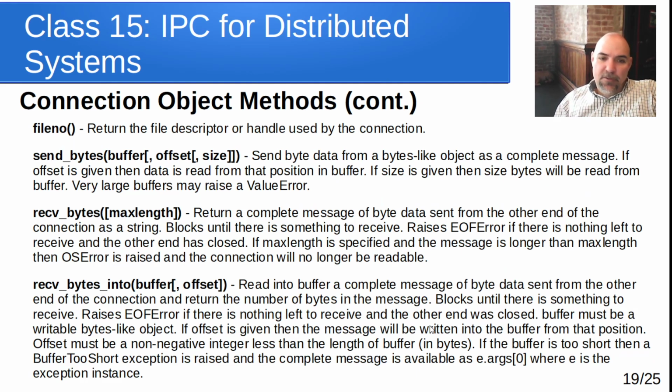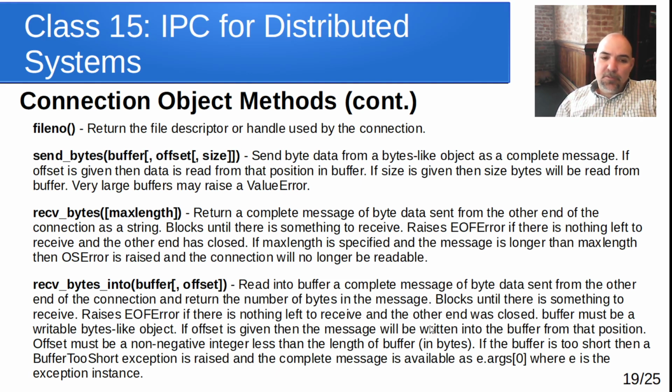All right, a couple final object methods for that. The fileno is the file descriptor or handle used by the connection. Probably never going to need to deal with that. But then it also has send bytes and receive bytes, which allows you to use that connection object like you would with a normal socket. It allows us to send a number of bytes, and on the receiving end, receive a number of bytes.